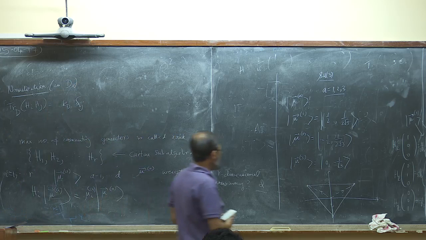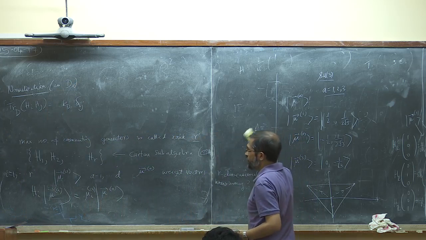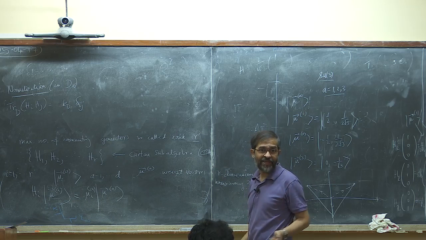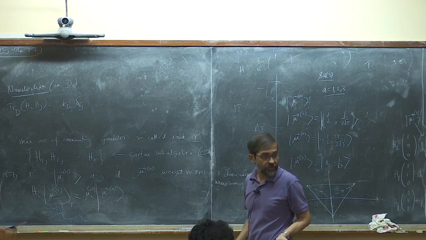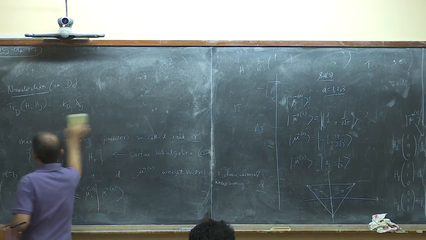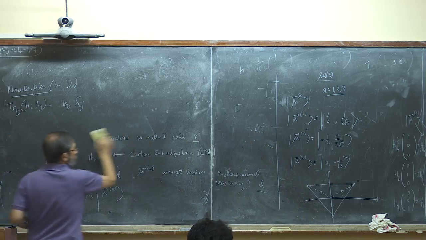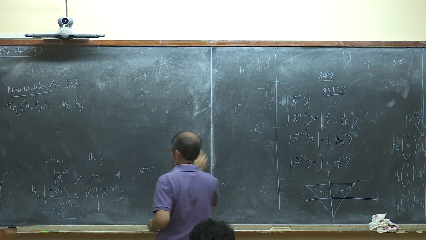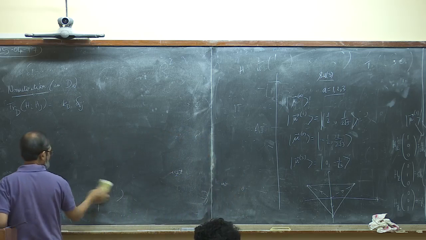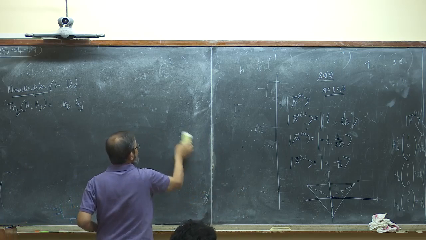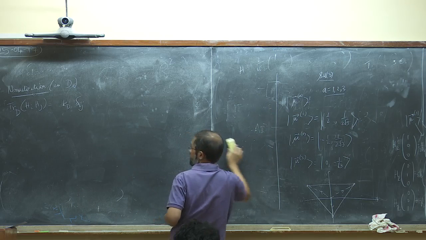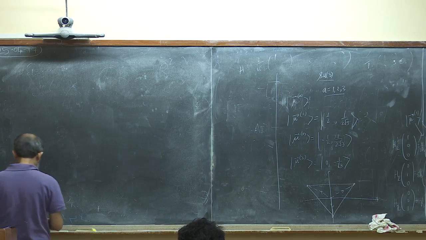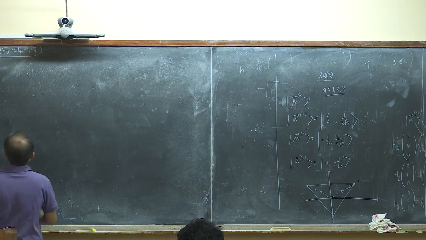Now, I will talk about some special case of weight vectors, which are the adjoint weights. They will play a very major role. These are called roots. So now I am talking about a special set of weight vectors.